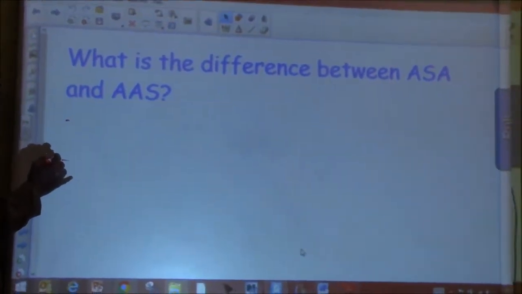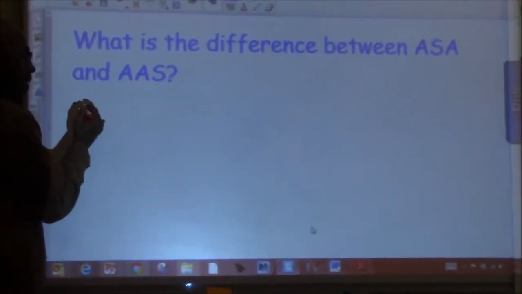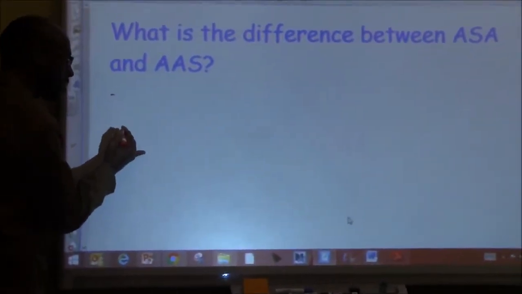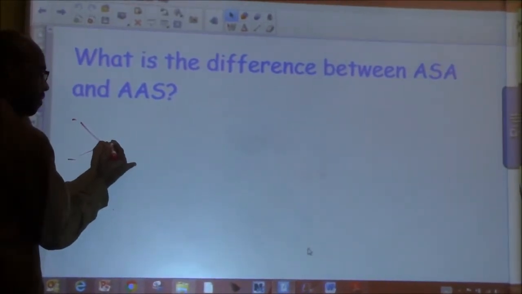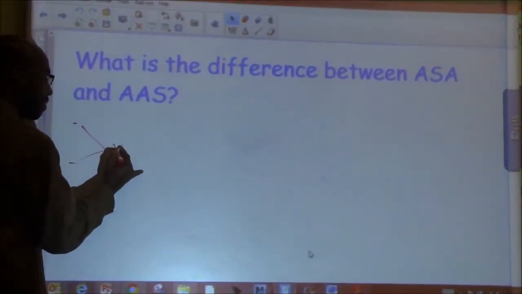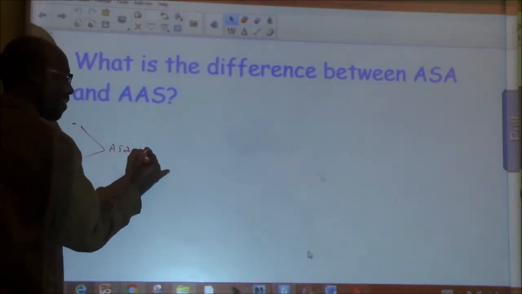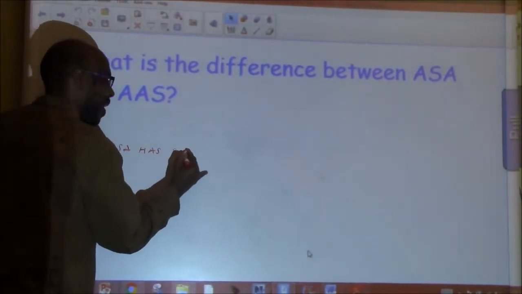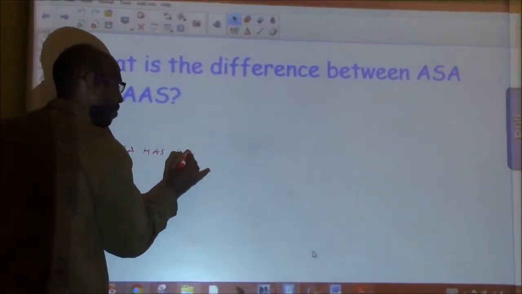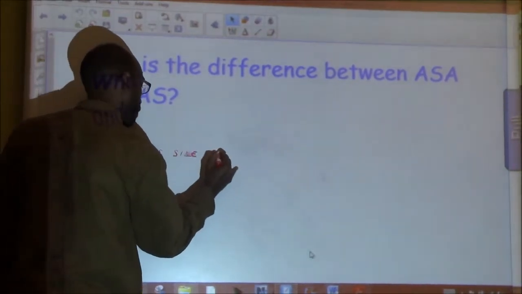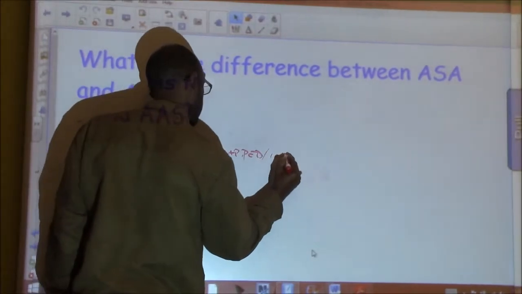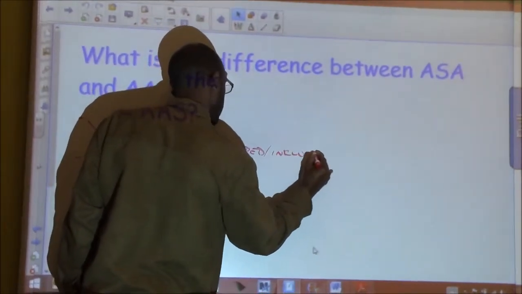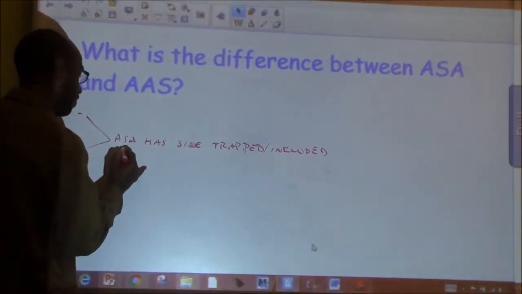AAS has a side track for geometry. That's the smarter answer. Has a side trap. I'll put trap, included, between 2 angles.